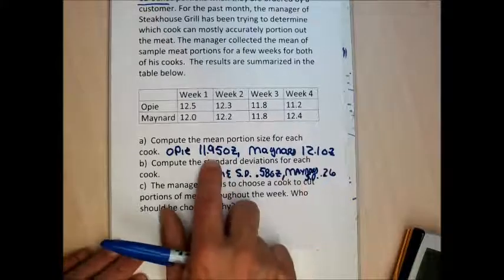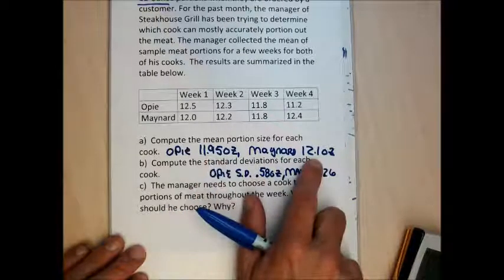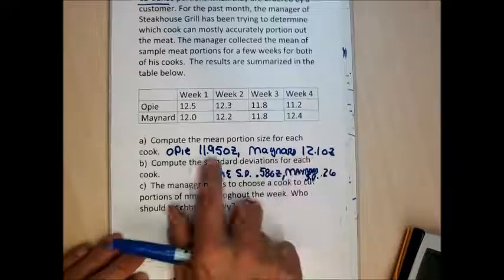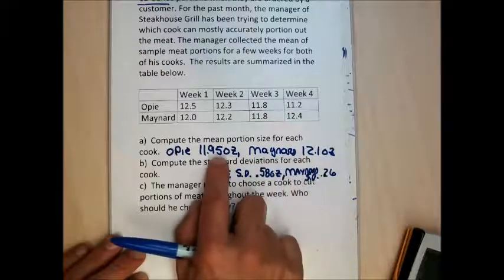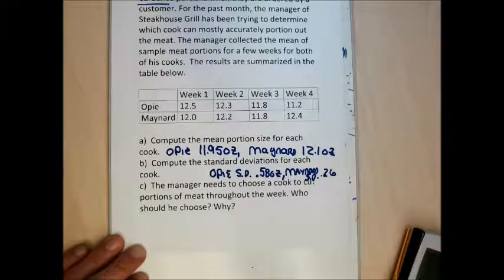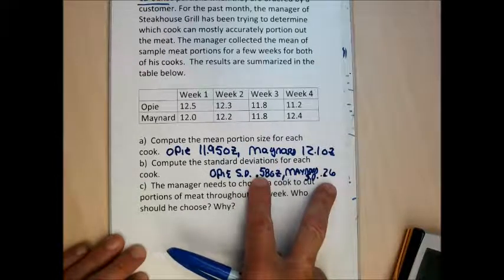If every one of Opie's steaks was actually 11.95 ounces and every one of Maynard's steaks was 12.1 ounces, I don't think many customers could tell the difference in size. And Opie might save the company money because he's using smaller cuts. On the other hand, because Opie's standard deviation is so high, he's probably going to get more complaints than Maynard.